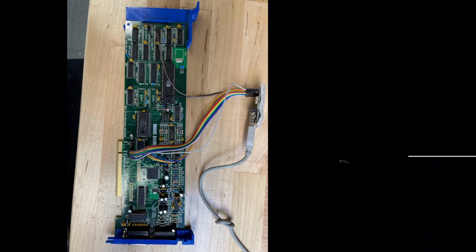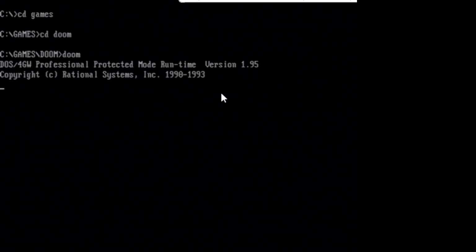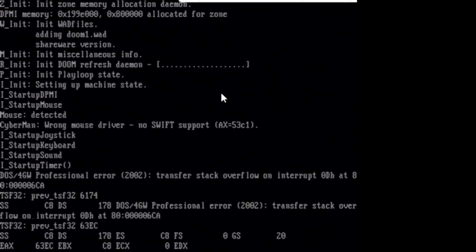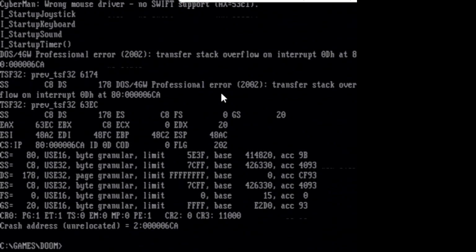So I threw it into a system. I have it here in a microchannel system, and I went to play my go-to game, which is Doom, and it crashes the system. Which is expected. It overflows.